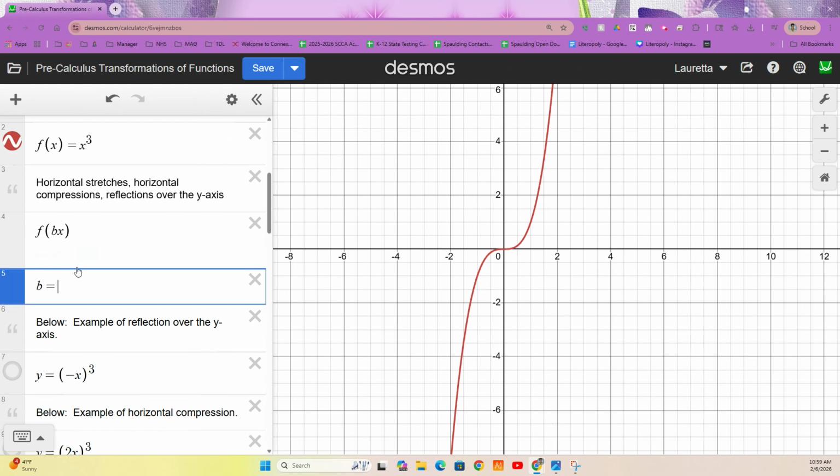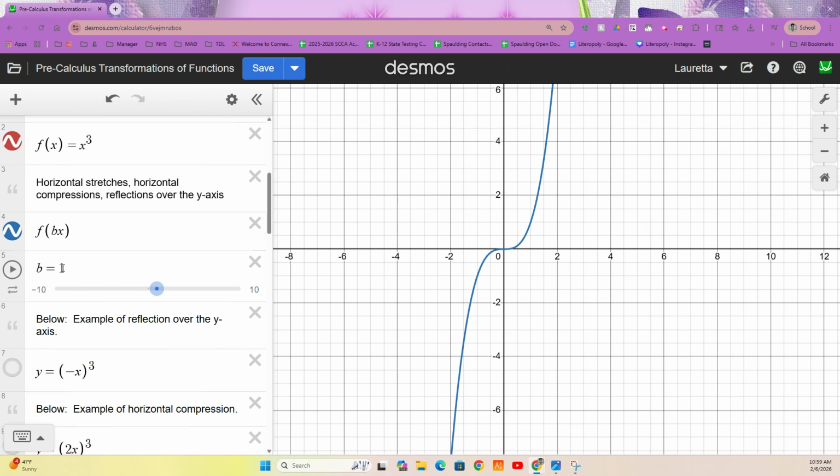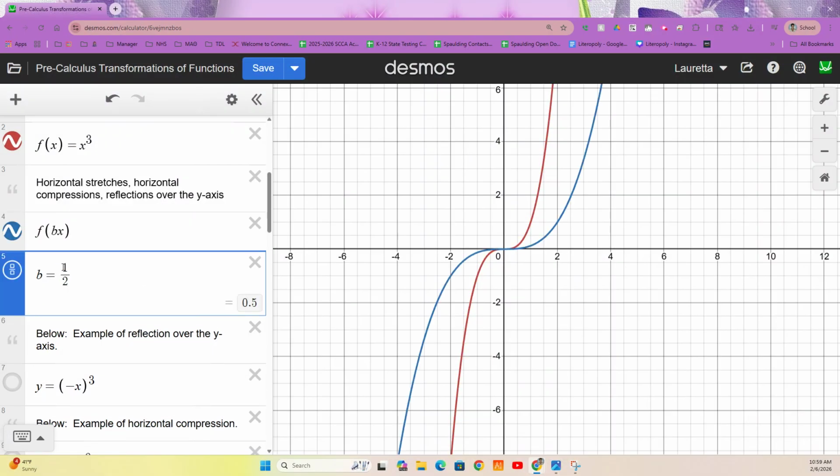Now, if the absolute value of b is in between 0 and 1, so let's say we'll make this 1/2, then you have a horizontal stretch, in this case by a factor of 2.